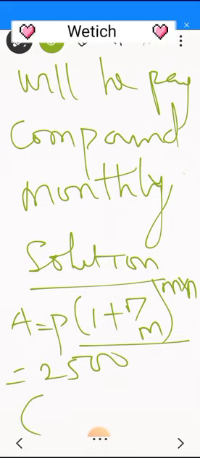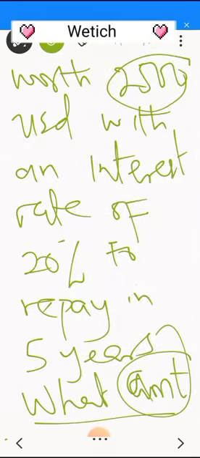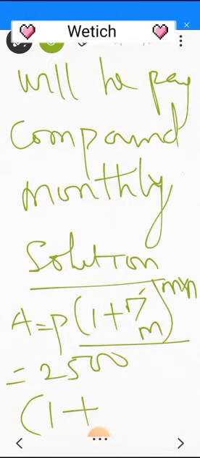To solve for the bracket, we have 1 plus R. The R stands for rate, and the rate is 20%. You have to convert it to a decimal fraction, so 20% is 0.2. In our previous lecture, we were taught how to do that.